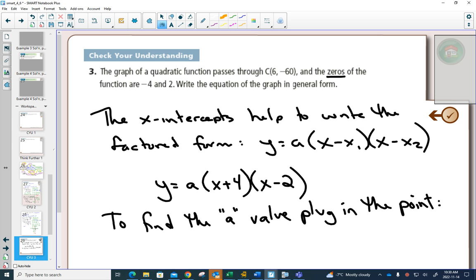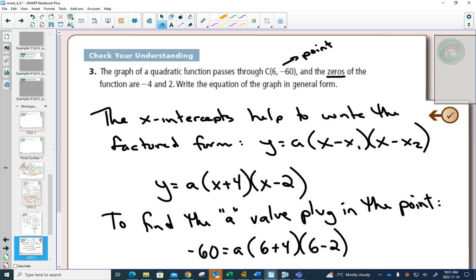You can plug in your point. The point that we have is 6 comma negative 60. That means when x is 6, y has to be negative 60. So I can plug in negative 60 for y, and I can plug in 6 for x.